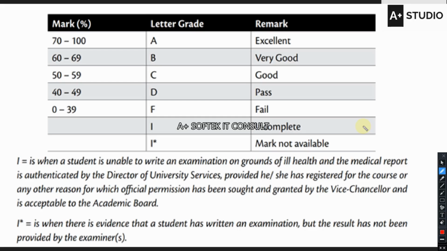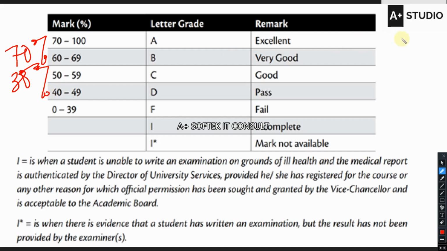So at the Kwame Nkrumah University of Science and Technology, they have a policy of academic performance this way. How students are going to be assessed: it is 70% and then 30%.